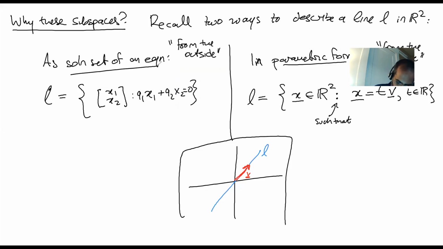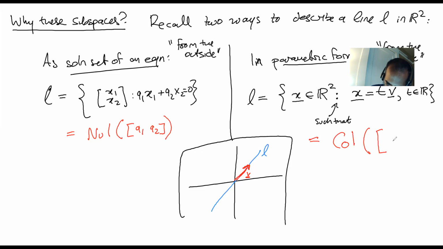But now, column space and null space are just the higher dimensional generalization of this, right? This is the null space of a very simple matrix, this matrix. And this is the column space of a very simple matrix, namely just the matrix that has the vector v in its column.